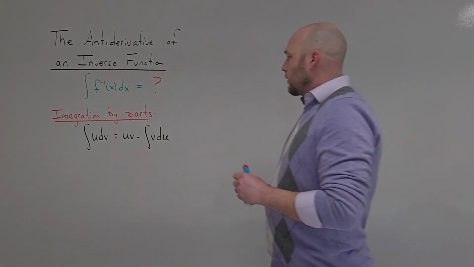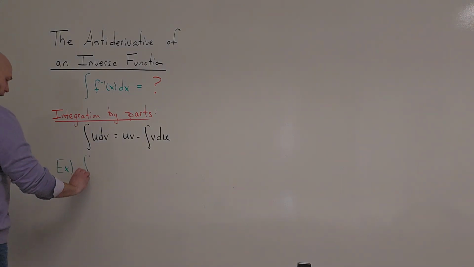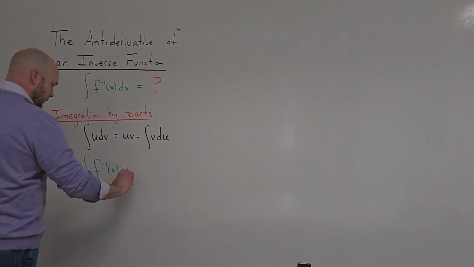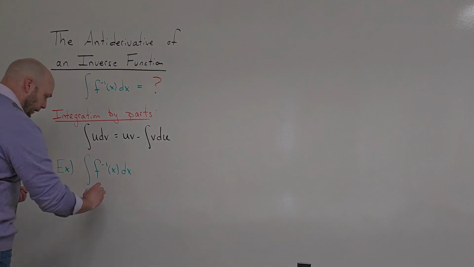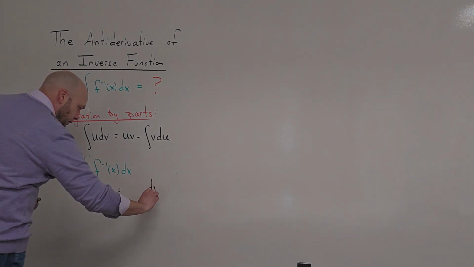Now let's take a look at this particular integral and use the integration by parts formula on it. Let's set up the integral here. For my uv table, I need u and I need dv.